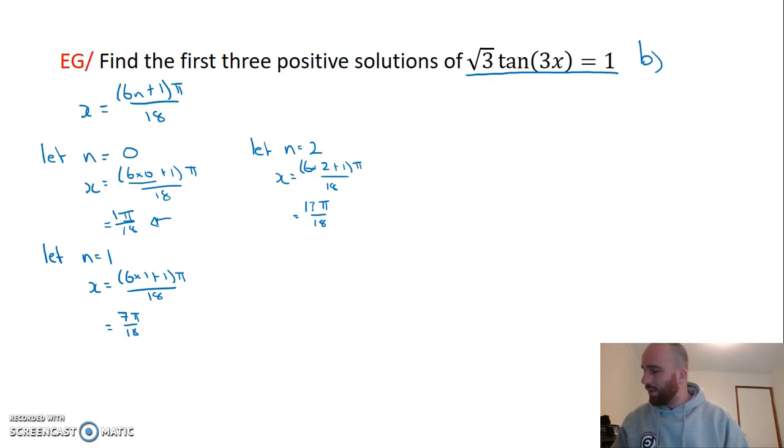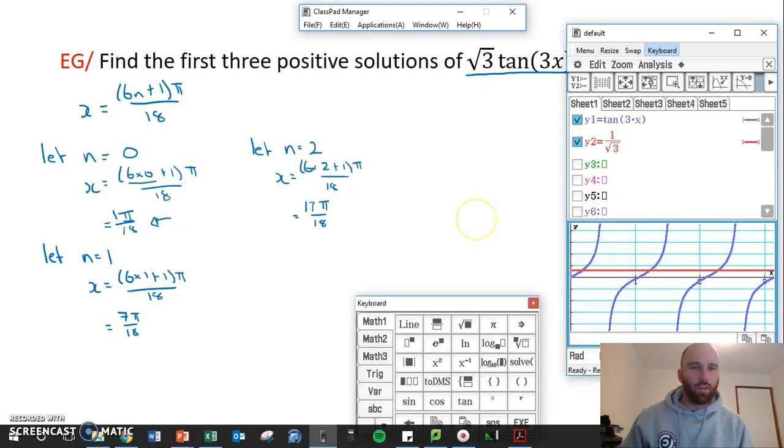If we wanted to generate those values. To get a graphical representation of what it looks like, I've inputted tan of 3x into my graphing tool, and then I've entered 1 over square root 3. So what we've actually found is where these lines overlap.